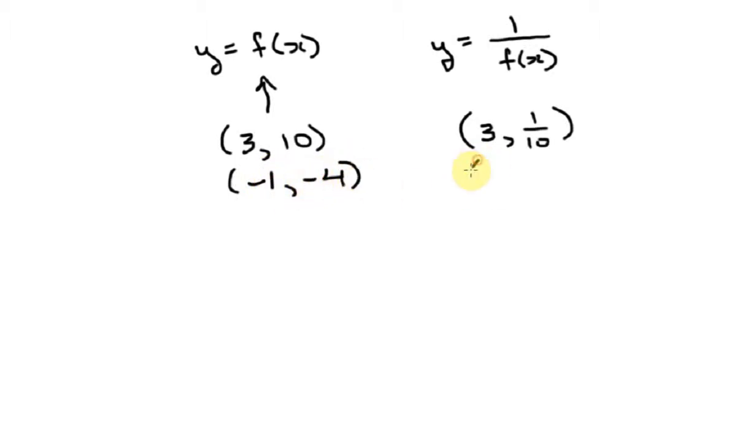The new version of that point is (-1, -1/4). You'll notice that these y values, if they're positive, they stay positive. If they're negative, they stay negative. We're not changing the signs. This is not absolute value stuff. All we're doing is reciprocating the y values, and that becomes our new reciprocal graph.